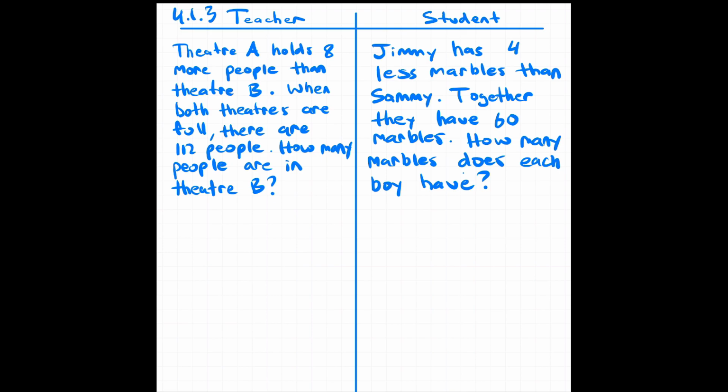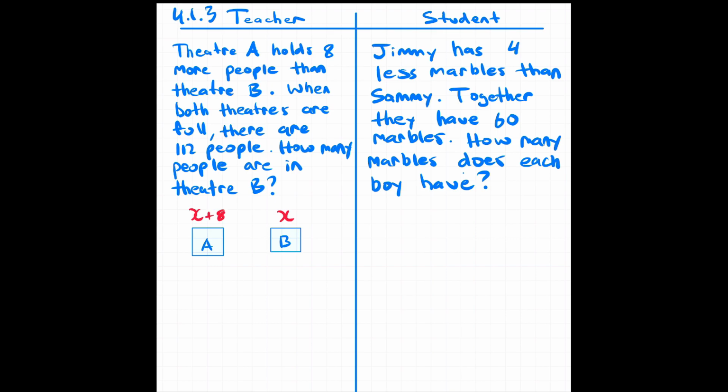So the best thing to do is just sort of draw something out. Here is our theater A, and here is our theater B. And A holds 8 more than B. So remember what we did in the last one. I'll make B equal X, and if A holds 8 more, this would be X plus the 8.